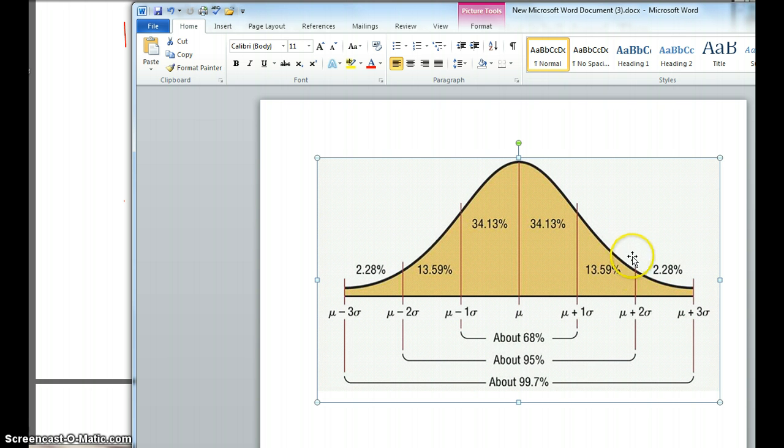So if I have 95% in here, I have about 5% here, or a little bit less than 5%, but it's divided equally into these two pieces because of the symmetry, how nice this graph is. So that's about 2.5% and 2.5%. The exact numbers are 2.28% and 2.28% here.